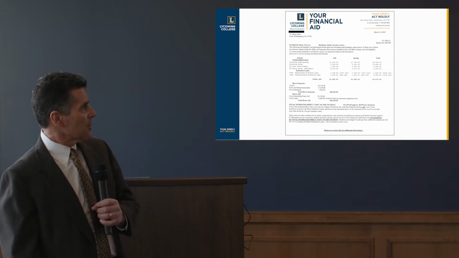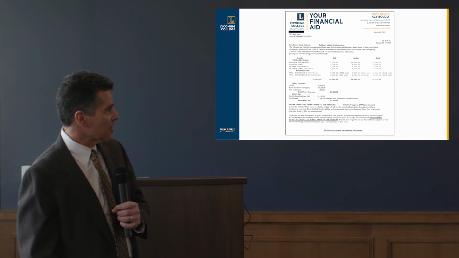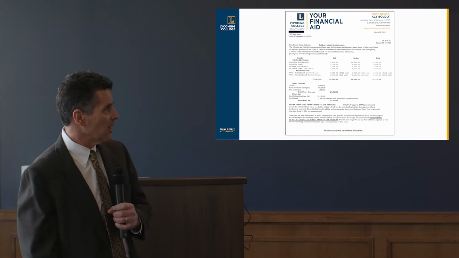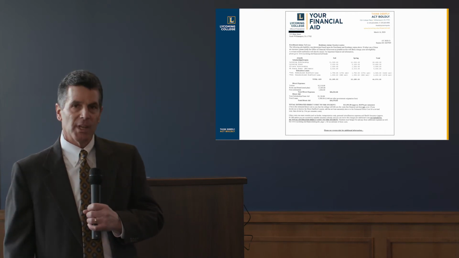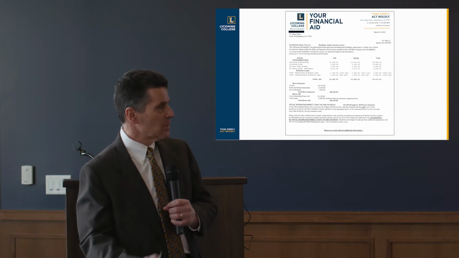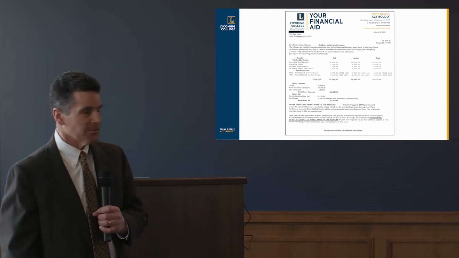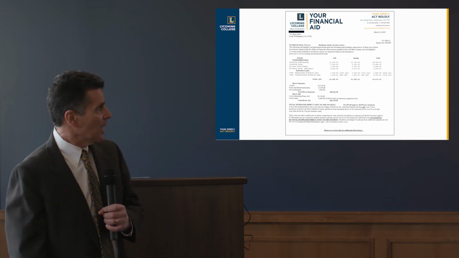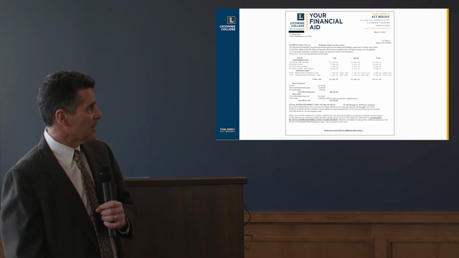You'll also notice underneath that we list the total direct cost to the student. And in this case, we have it at a little over $11,950. Split that into two, about $5,976 per semester. So we broke it down in that regard.